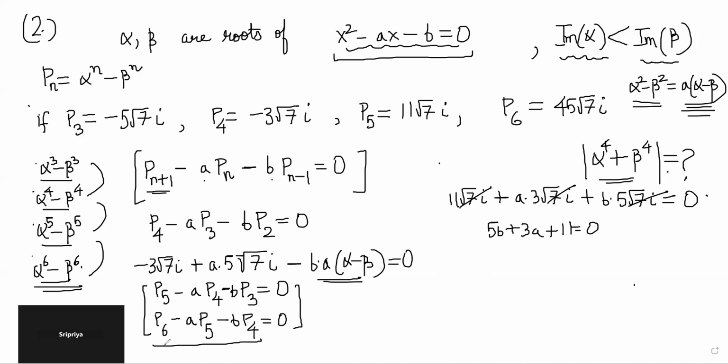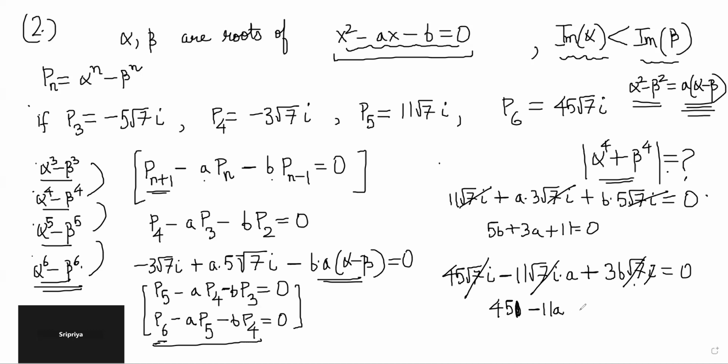And from this equation, I will get 45 root 7 I minus A into P5, so minus 11 root 7 I into A, minus B into P4 is plus 3B root 7 I. Again, root 7 I will get cancelled, and I also gets cancelled: 45 minus 11A plus 3B is 0, right?